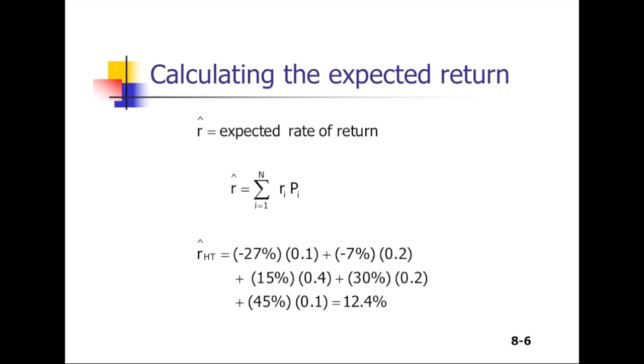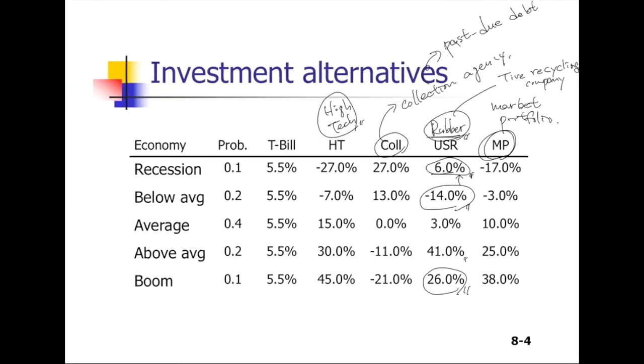Let's calculate the expected return. As you can see, the expected return can be calculated by multiplying each state's expected return by its probability. So in the high-tech company case, you multiply these probabilities, right?